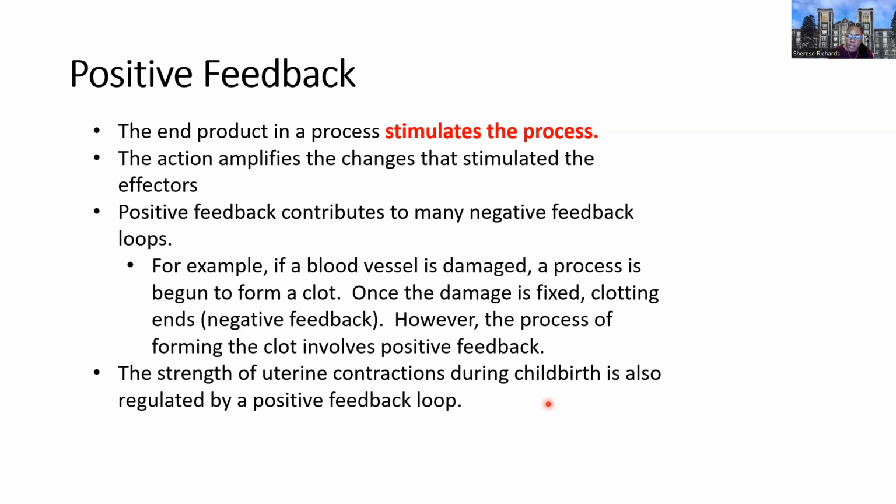And then eventually those contractions will cease, and that will be the ultimate negative feedback change, which will end that cycle. So positive feedbacks are a small part of larger negative feedback cycles, and they bring us away from set point for a short period of time in order to bring about a desired result.